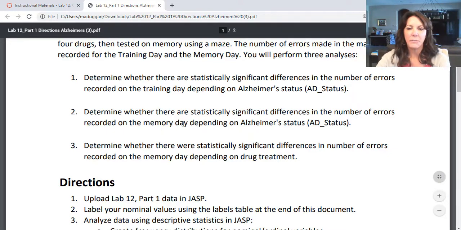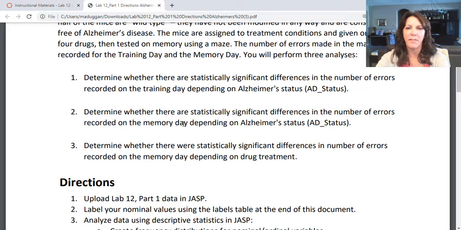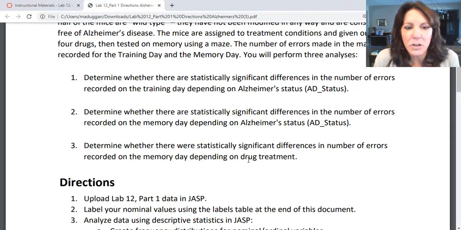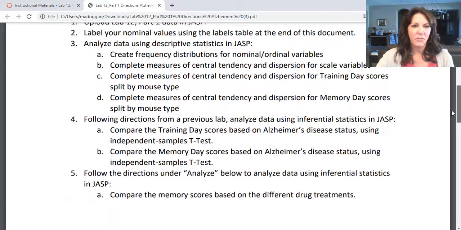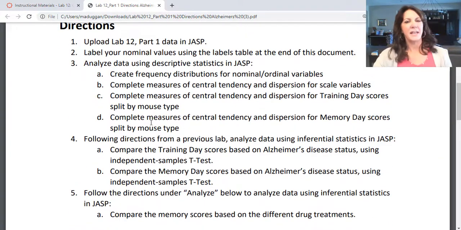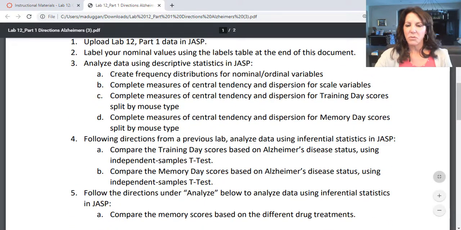So did they perform differently depending on whether or not they had Alzheimer's on the memory day? Finally, we're going to determine whether there were statistically significant differences in the number of errors recorded depending on the drug treatment.